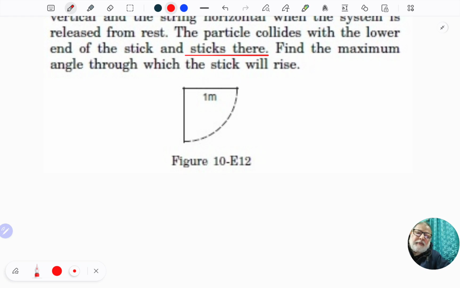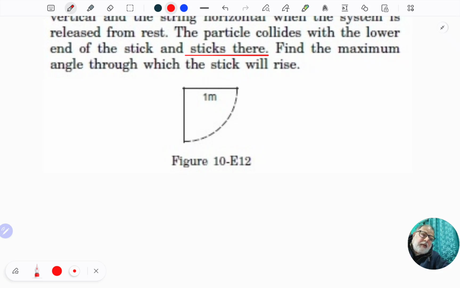On the other hand, since this impulse passes through the pivot, its torque about the pivot is zero. Not about any other axis, only about the pivot. And hence, the angular momentum of our system of particle plus rod is conserved, but only about the pivot.